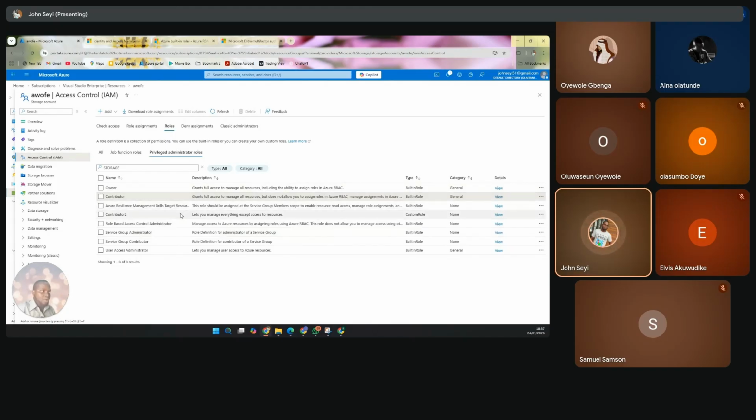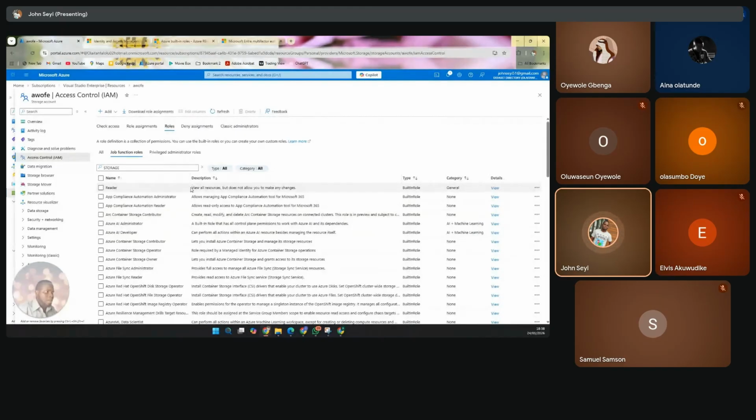Now, the main ones I want you to look into again: a contributor lets you manage everything except access to the resource. I want you to look at reader. Reader was the main one I want you to look at. For reader, you can view all resources, but it does not allow you to make any changes.